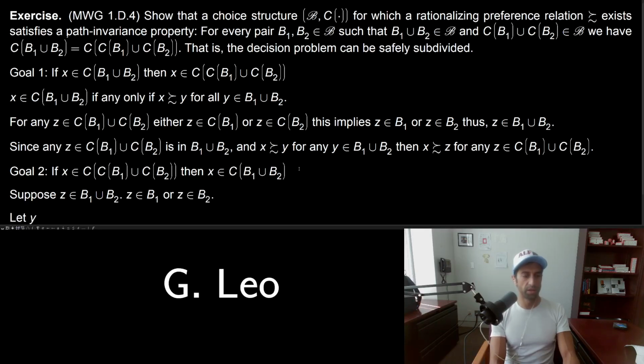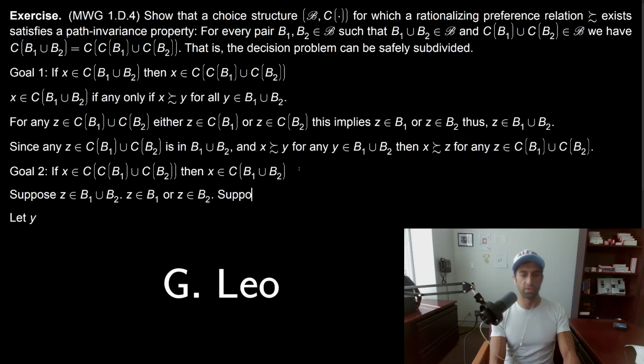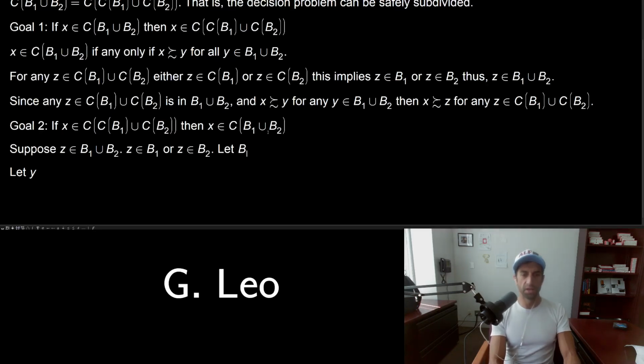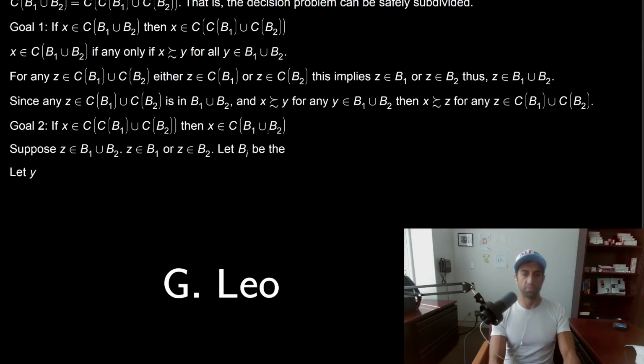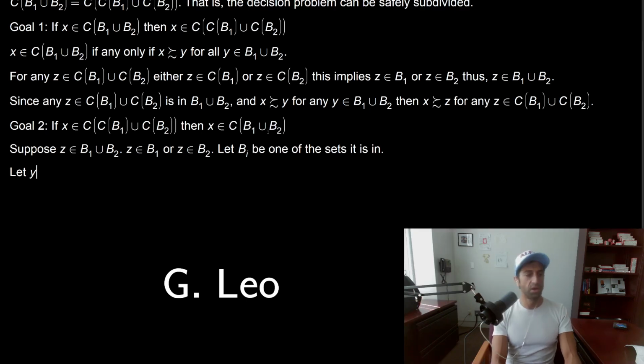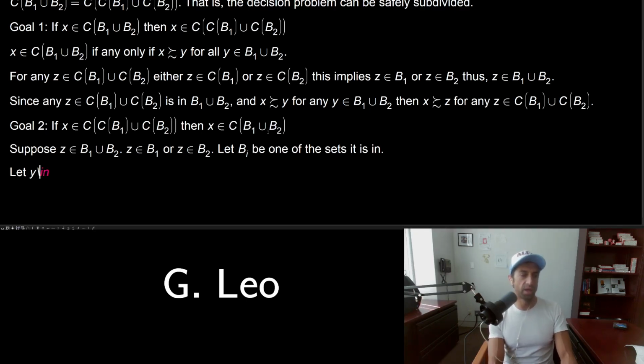Let's just suppose without loss of generality, we can call it Bi. Let Bi be one of the sets it is in. Let y be an element of the choice from Bi.